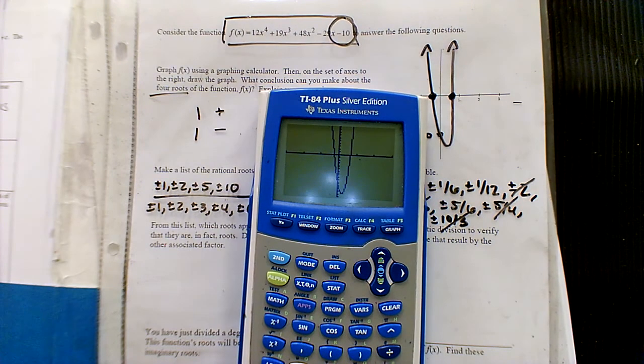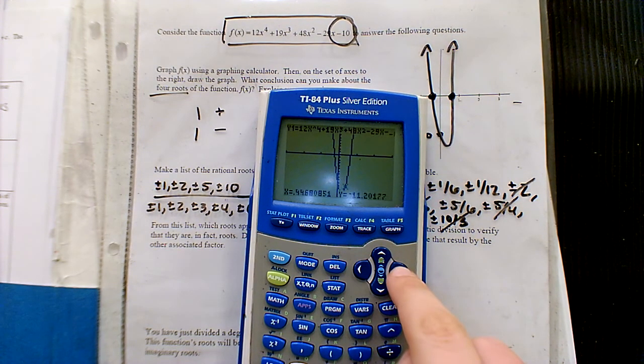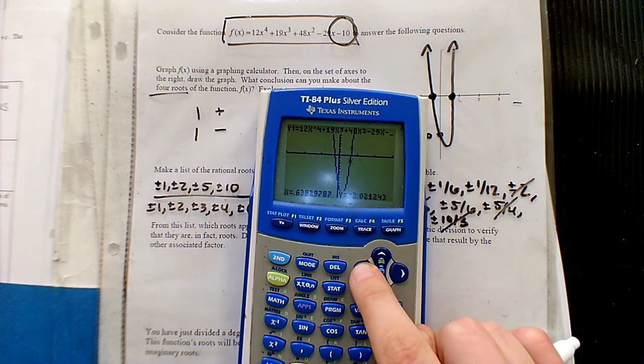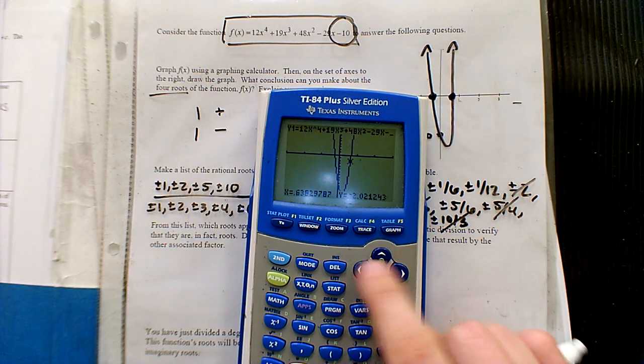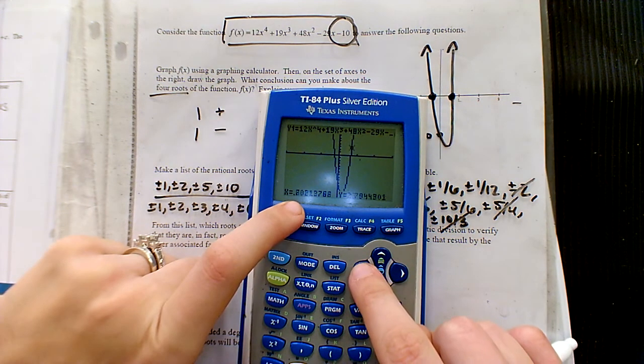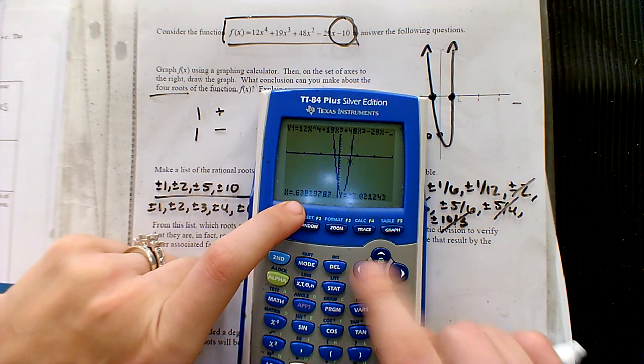Let's go ahead and maybe utilize our calculator a little bit more. If you hit the trace button, try to get your cursor pretty close to one of them. For the right one, I kind of bounced back and forth between it. So something between 0.64 and 0.7.